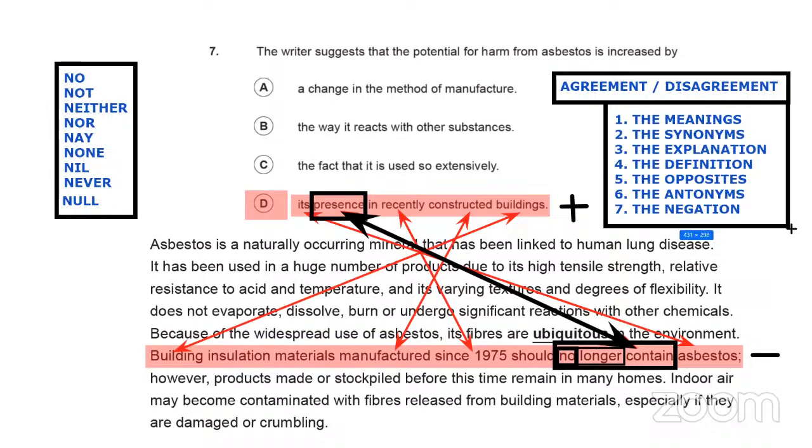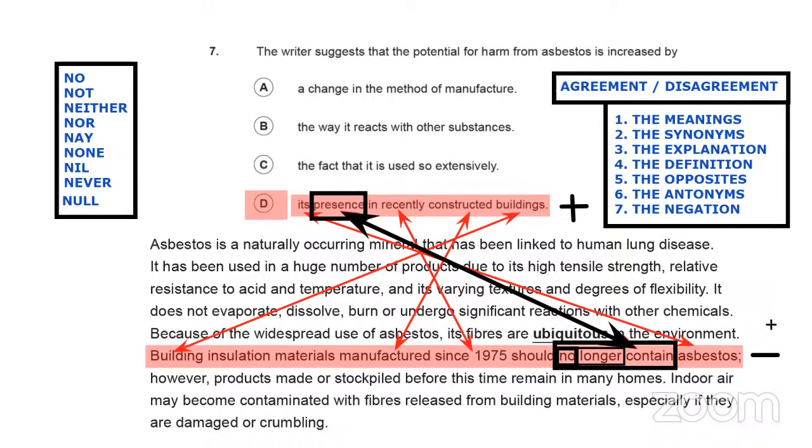So, meaning. For example, what does meaning mean? Meaning means paraphrasing, a phrase. For example, simultaneously. The meaning is in a phrase, so paraphrase: at the same time.